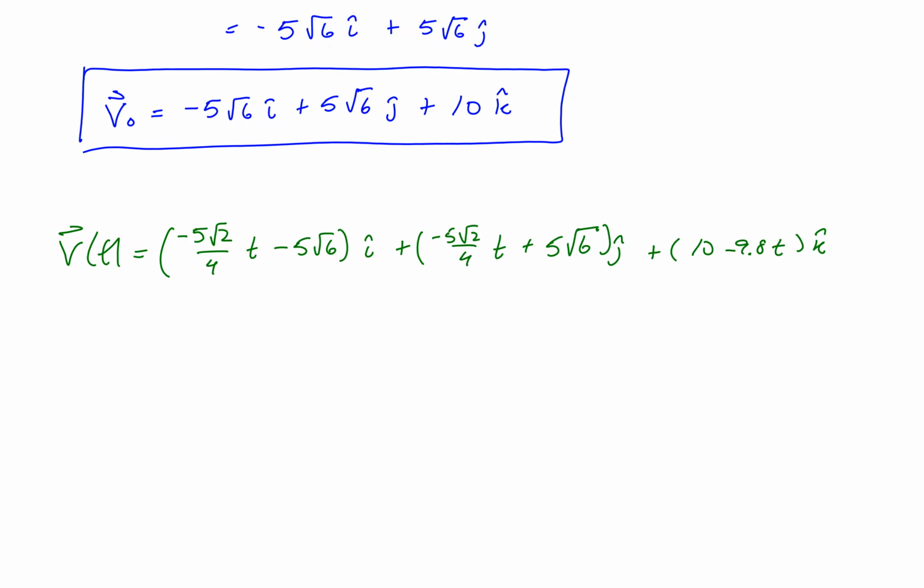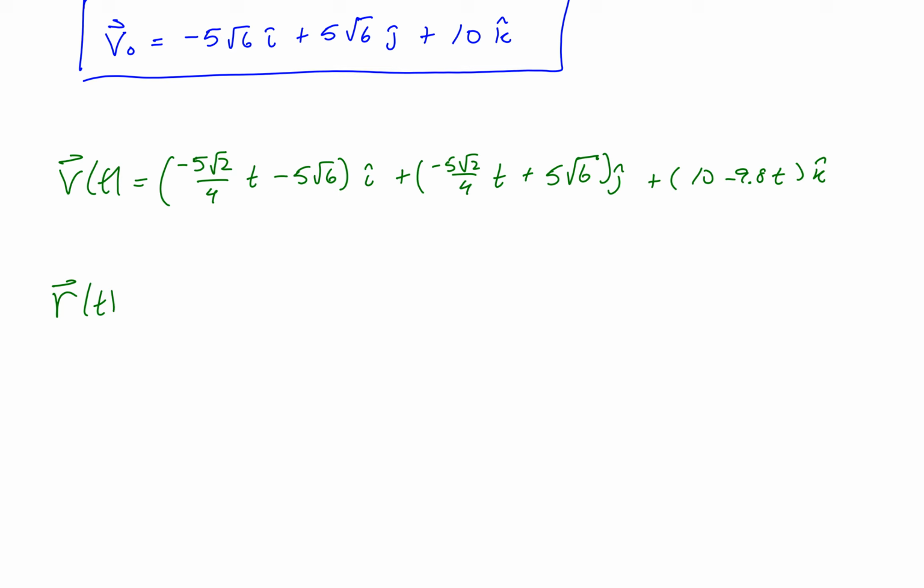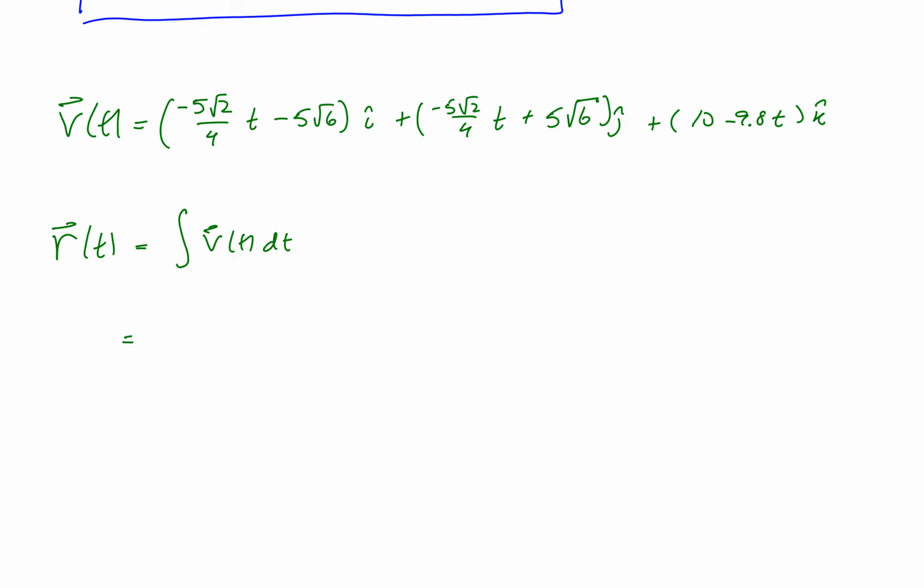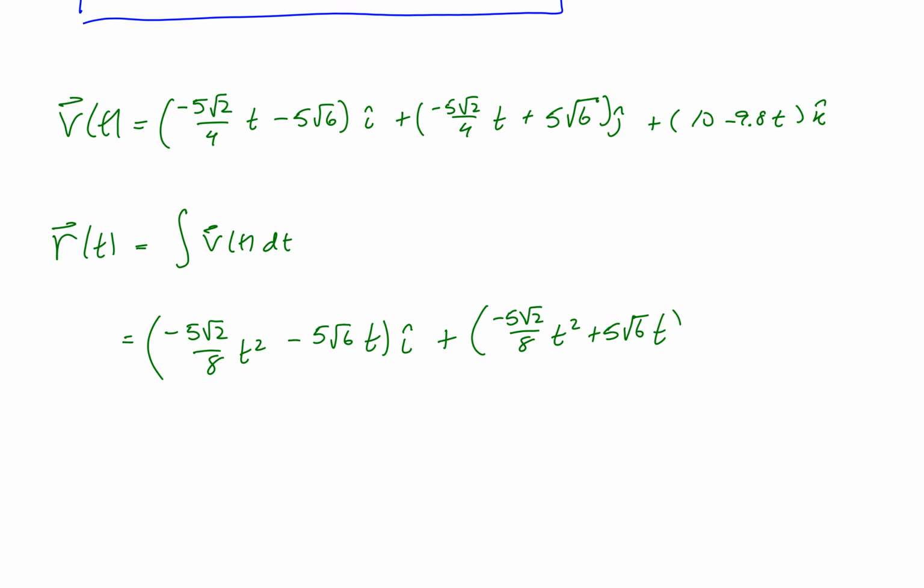So now our next step is to find the position. So again, we integrate with respect to t here. So this is the integral of v of t dt. And so this is minus 5 root 2 over 8 t squared minus 5 root 6 t i plus minus 5 root 2 over 8 t squared plus 5 root 6 t j plus 10t minus 4.9 t squared k plus our initial position.